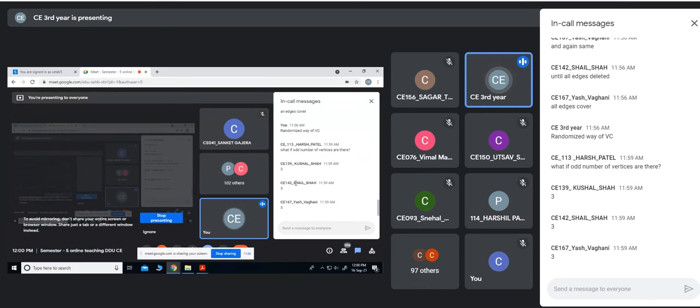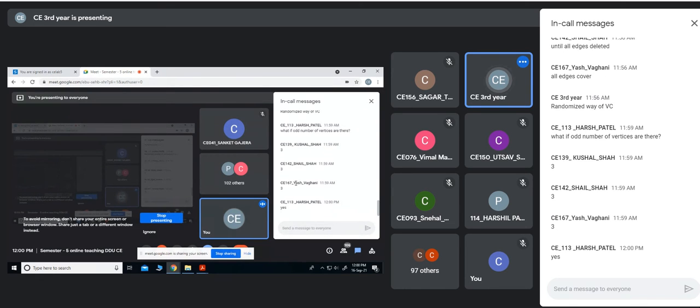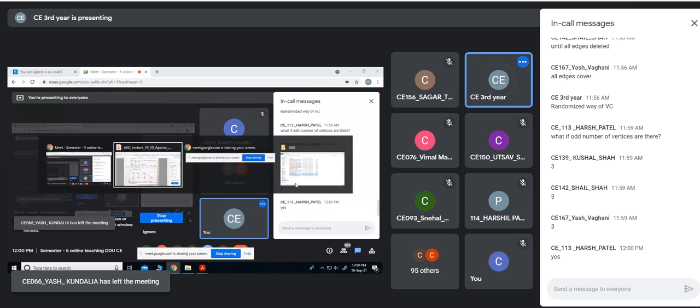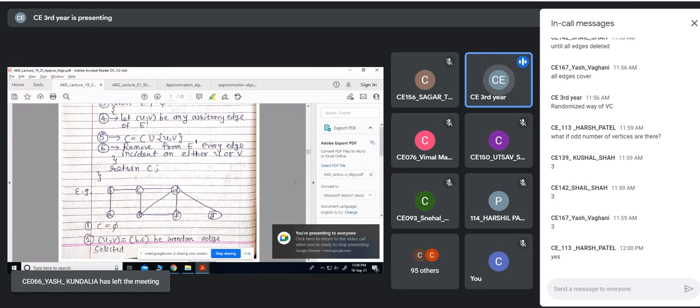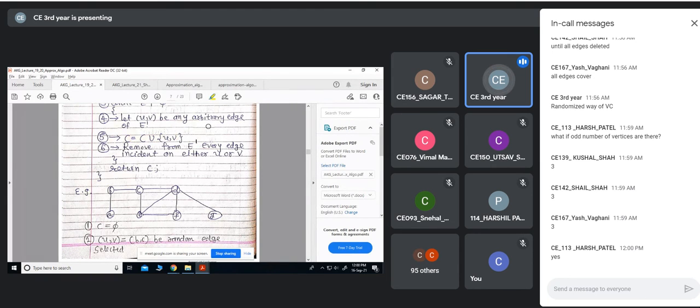So if there are, let's say, 5 vertices, at one point of time there will be one vertex left, but all edges are covered, so you will not proceed in the iteration. It has nothing to do with the graph, which could be any, even or odd. I am saying just that this C would have an even number of vertices. Okay, yes, the answer is correct.